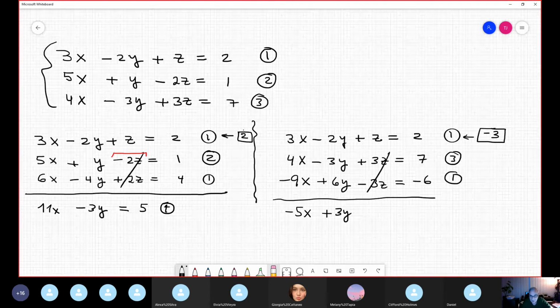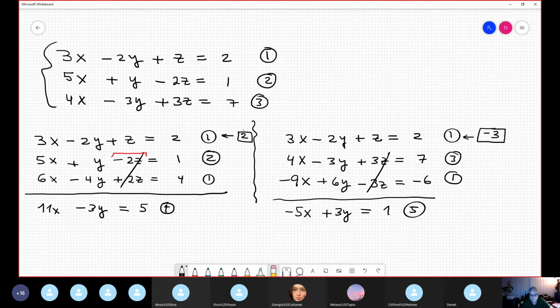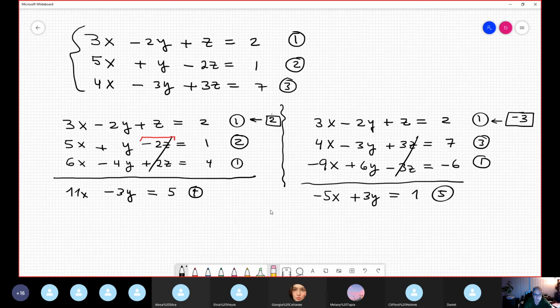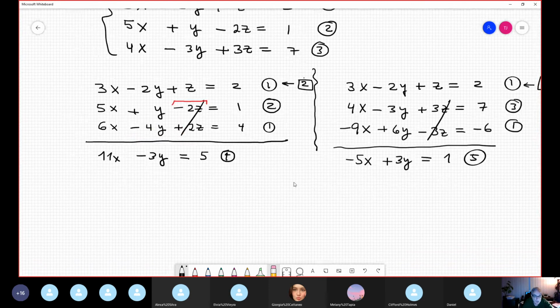It's gone like that. And this is 1. And this is my equation number 5. And you put together 4 and 5. And let's see what's going on. Okay, I put them together like that, in the same column, in the same organization. Look, 3y equal to 1. And this is equation 5.